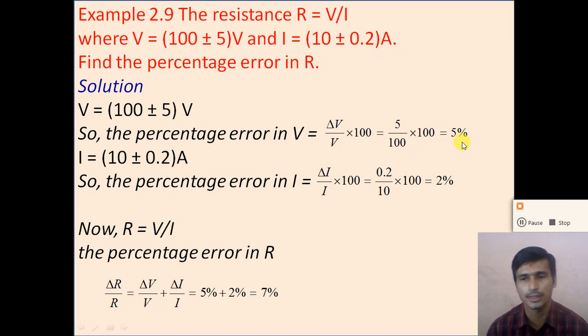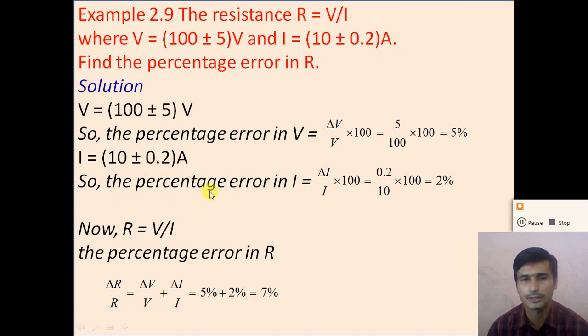So dear student, the relative error in V is 5 divided by 100, but the percentage error is 5%. Similarly, I is equal to 10 plus minus 0.2 ampere. So the true value of I is 10 and the absolute error in I is 0.2 ampere.